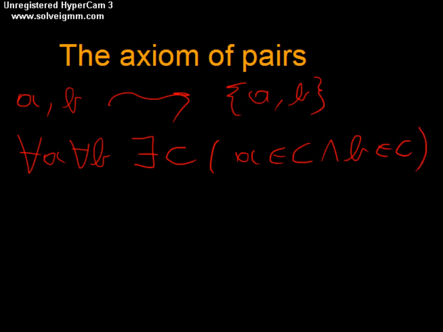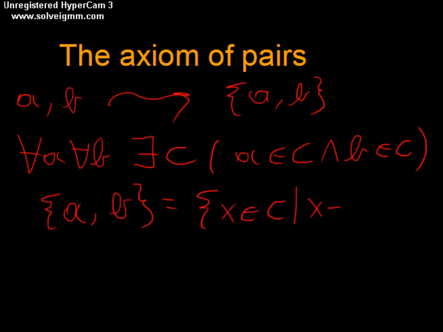Now, notice this is not exactly what we want. C is just some set which contains both A and B. But we need a set which contains exactly A and B. But this is easily solved by the separation axiom. So we define the pair AB as the set of all x in C so that x equals A or x equals B. So AB is now the set which contains exactly A and B. Extensionality now provides that this set is unique.